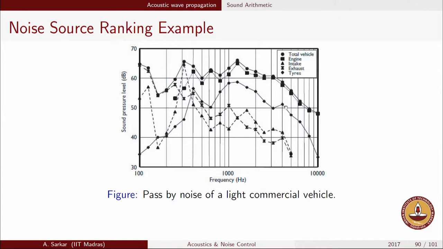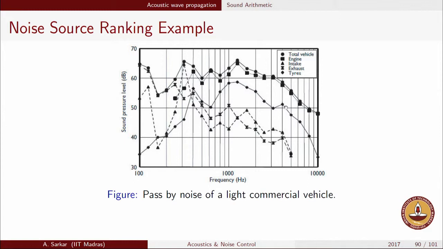Then from the total vehicle noise, if you subtract that noise, the noise due to all other components excepting the engine, then you will land up with the noise from the engine in isolation. So, using this procedure of dB subtraction between these two measurements, you will be able to recover the engine noise in isolation.